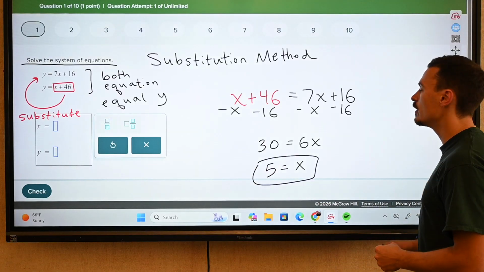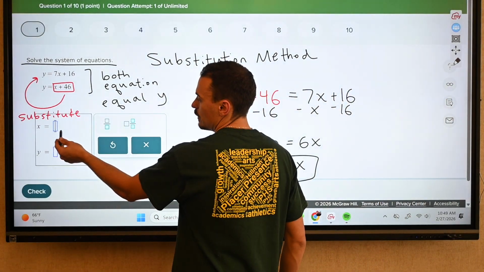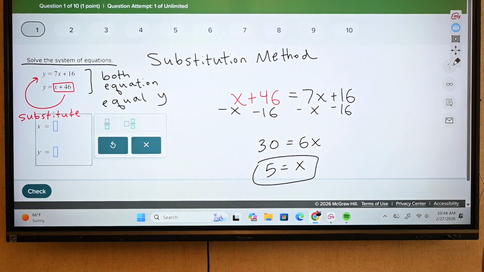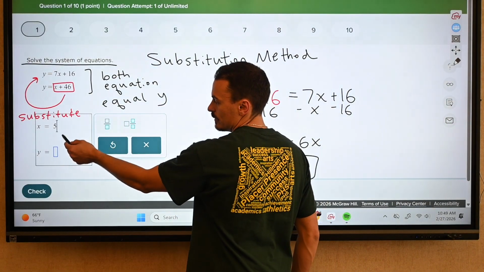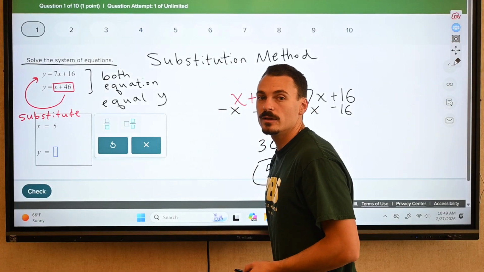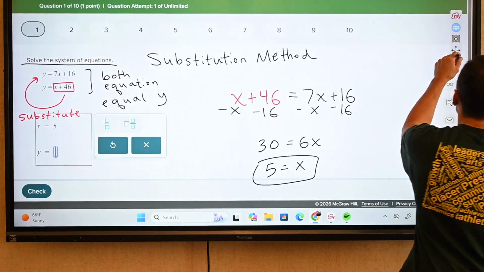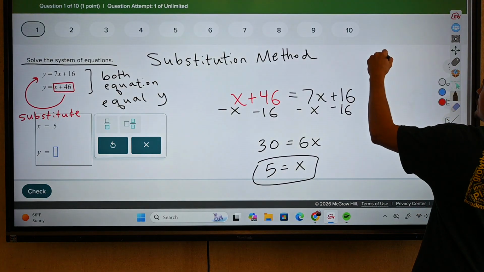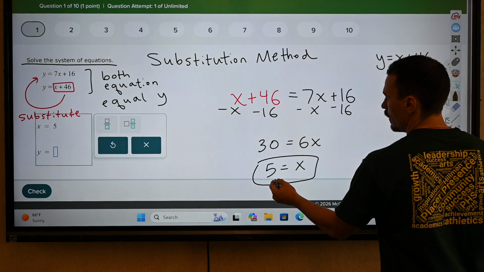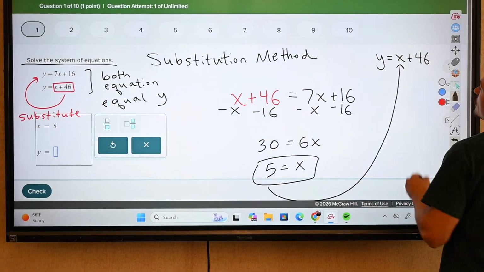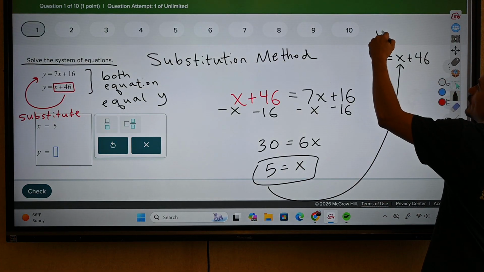Now, you're going to notice on your work, right here, we have x equals, you type 5, but your question is not done because we still have to solve for y. If x is 5, we put a 5 in for the x. We have y is equal to x plus 46. We put 5 in for x, and do 5 plus 46, so y is equal to 51.